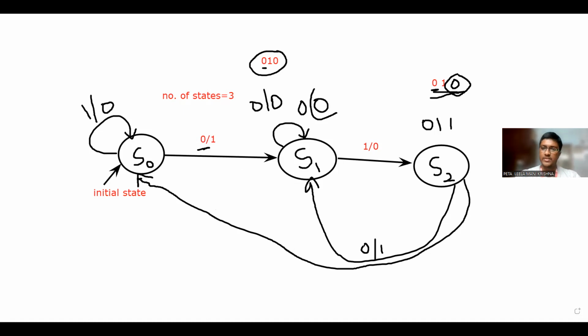So at S2, if I receive the third bit as 1, it will point out to the initial state. Given input is 1 and output is 0. So this is the basic thing for the given sequence 0, 1, 0. I've considered the Mealy model.